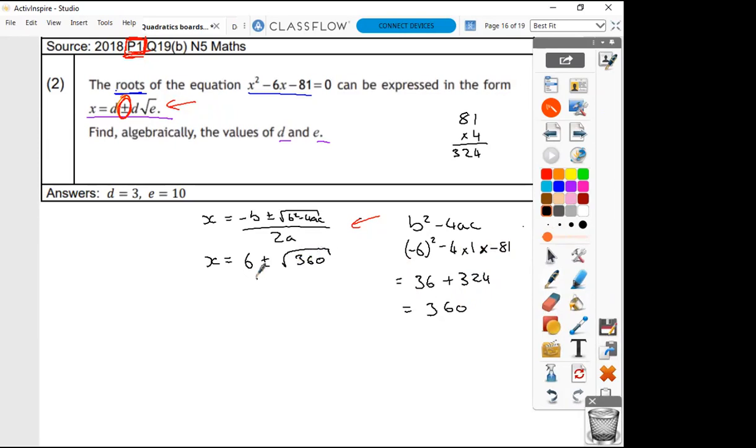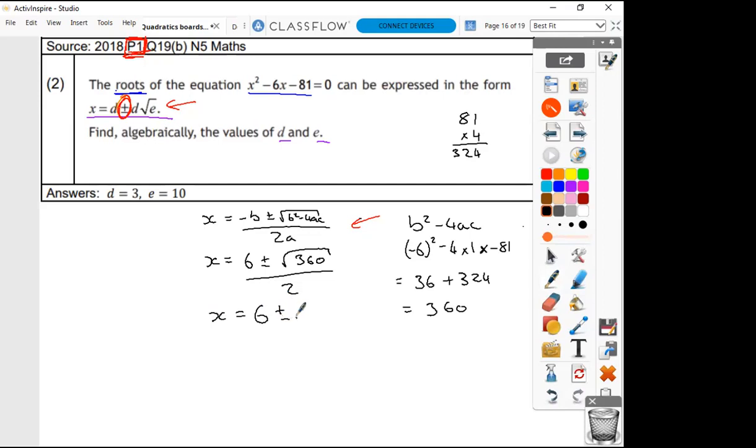x equals 6 plus or minus root 360, all over 2.